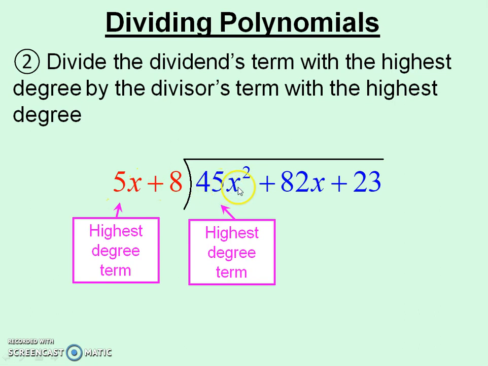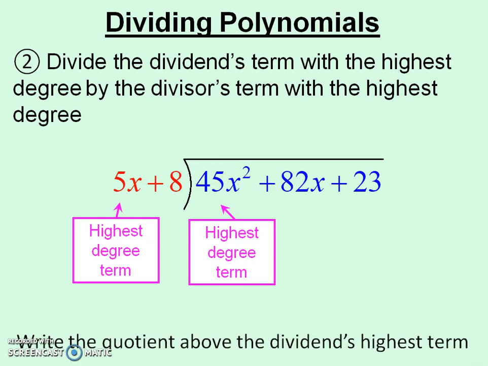We'll do 45x squared divided by 5x, and when I divide the term here by the term here, I divide the coefficient by the number. 45 divided by 5 is 9, and I divide the variable by the variable. X squared divided by x is x. That answer I write up here on top. So this divided by this was 9x. That's step 2.